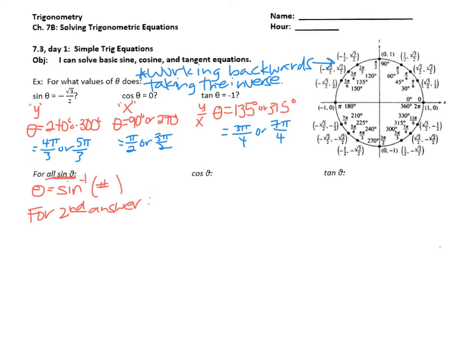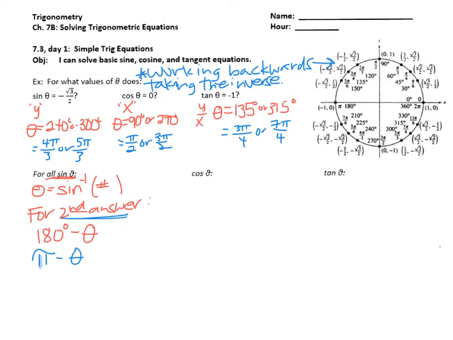So for that second answer, we'll take 180 degrees minus our angle that we found by taking the inverse. In radians, we'll do the same idea, but in radian mode, 180 degrees is equivalent to pi minus theta. That will always give you your second answer when you're using sine.